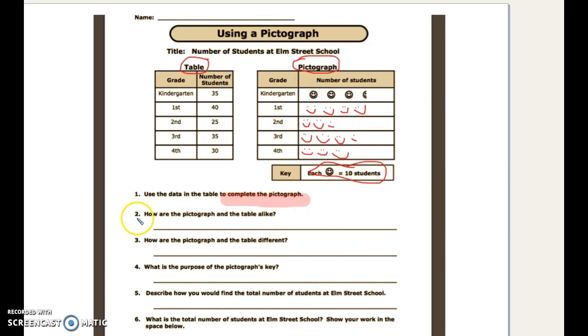Let's go to number 2. How are the pictograph and the tables alike? How are these two things alike? Well, they both, this is hard to do.